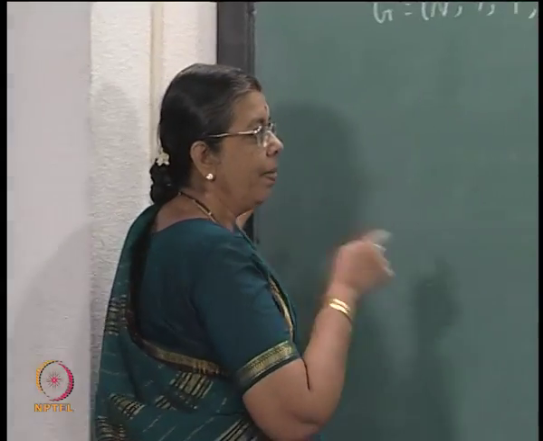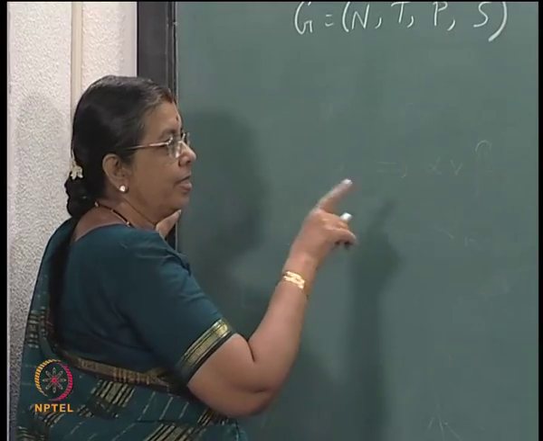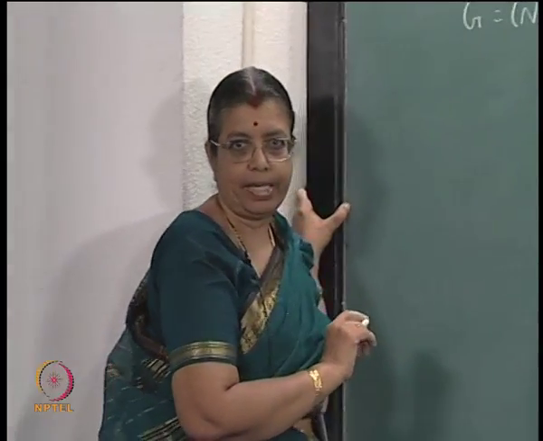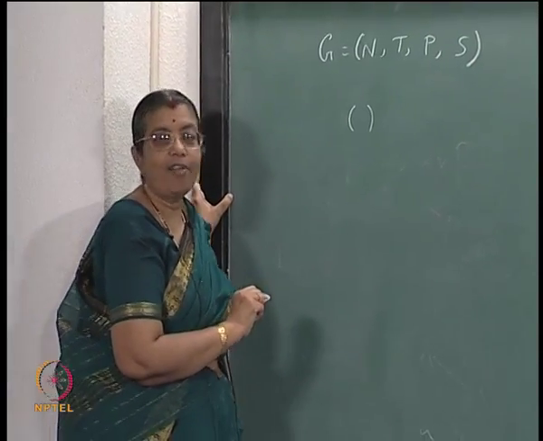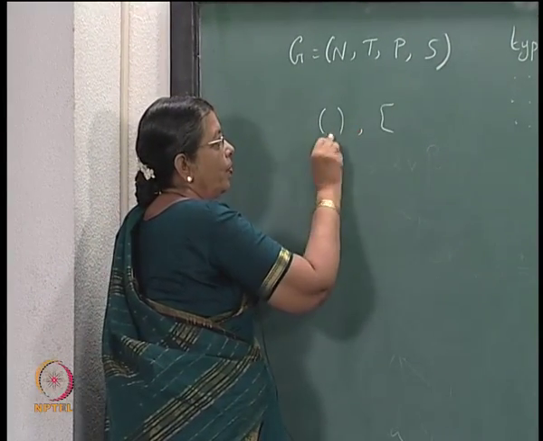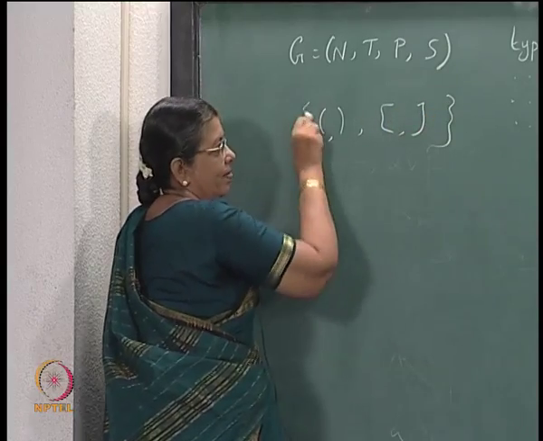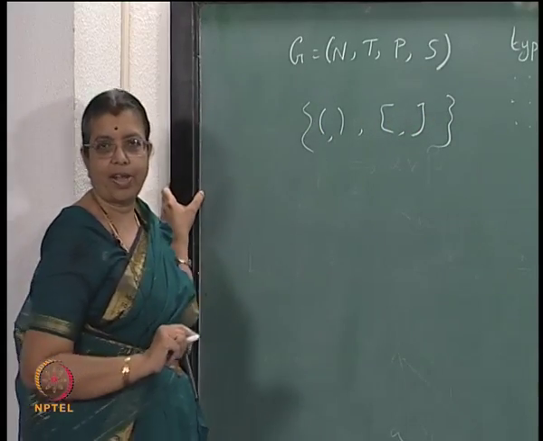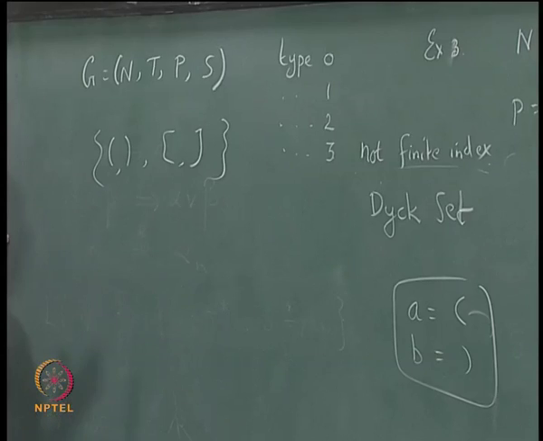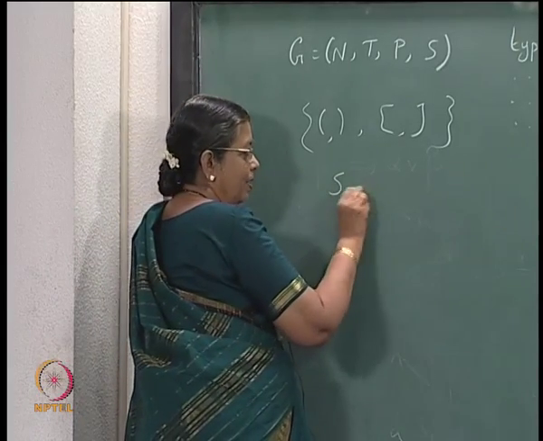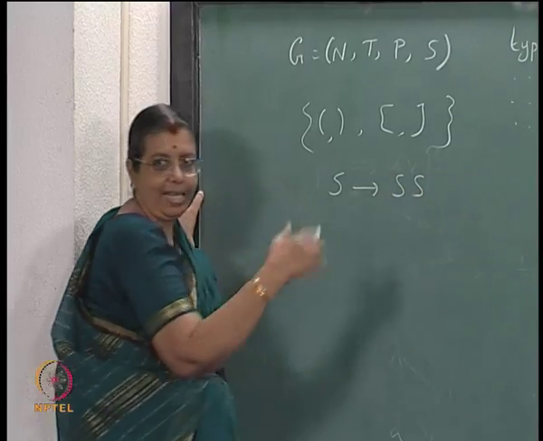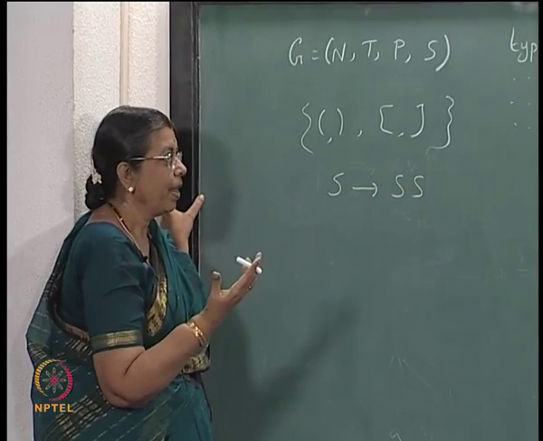For example, this well formed string of parenthesis we have considered with this. Suppose I have to find all well formed strings using this. Two types of parenthesis I want to have, still it has to be well formed. What grammar will generate this? You must have this S goes to SS for nesting purposes, that should be there.